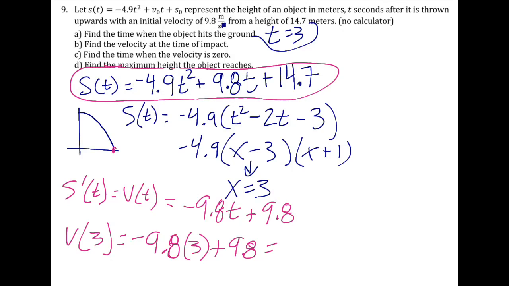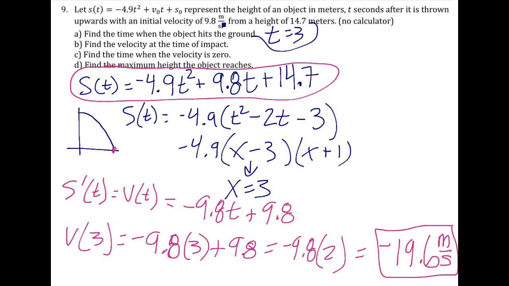So that's going to simplify to negative 9.8 times 2. Took away one of those negative 9.8s. And that is going to be negative 19.6. And we're talking about velocity, so our units are meters per second. So there's my second answer. My first answer was t equals 3. Second answer, part B, is the velocity at the time of impact is negative 19.6 meters per second.